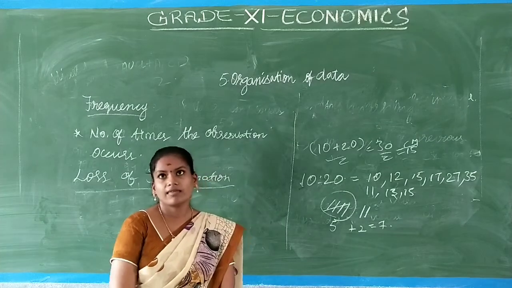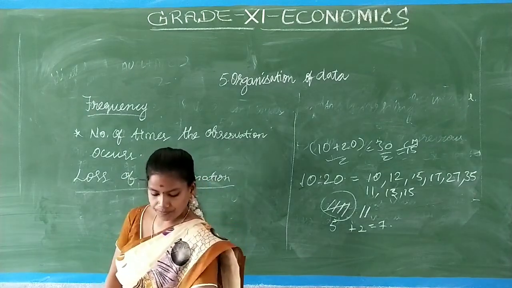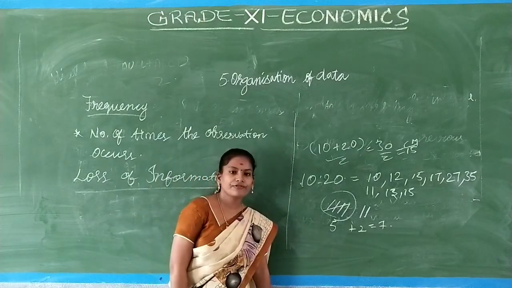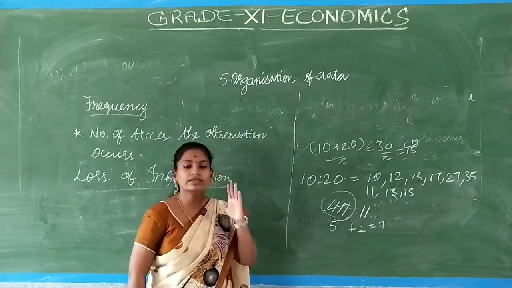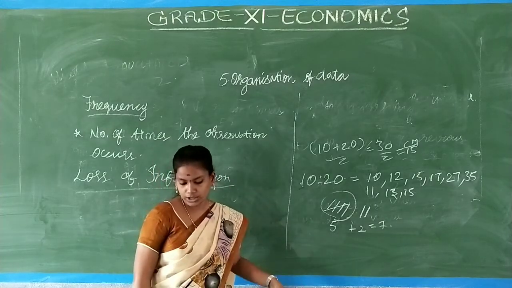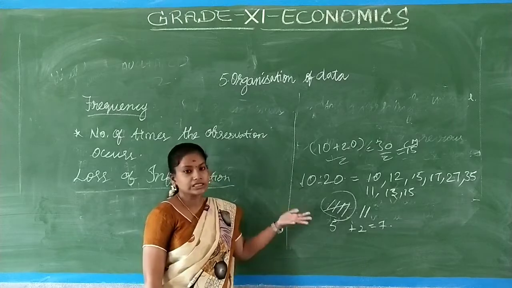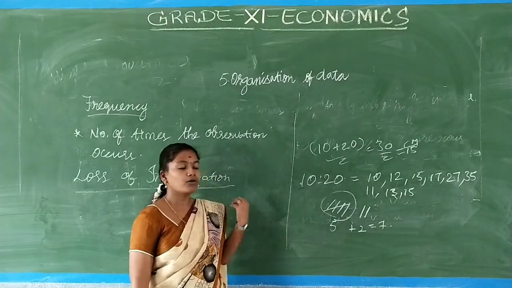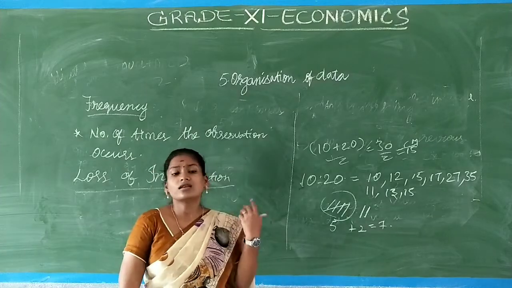Thus, we say that in case of frequency distribution, there is a probability of loss of information, where you don't take into account the actual values of the observations. But in case you want to make more reasonable data, you have to go for further analysis. There is no other way.